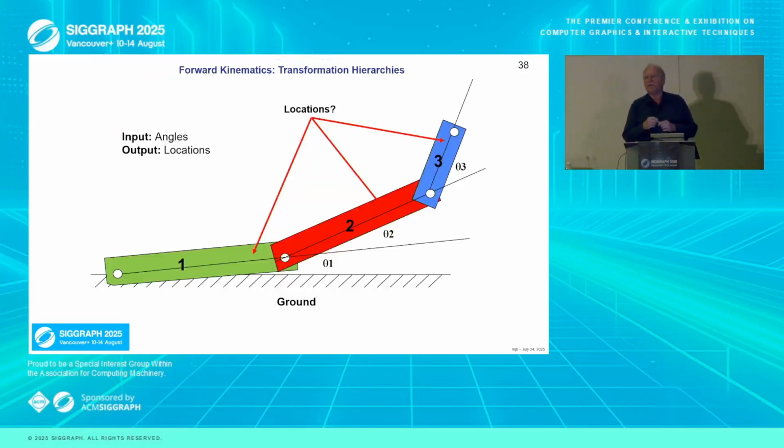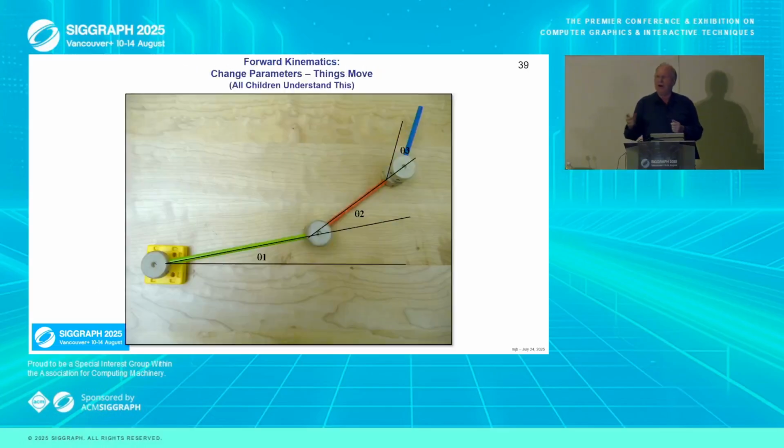There's also something in graphics animation called forward kinematics. And in forward kinematics, you have things that are linked together. Okay? The wrist is connected to the forearm, is connected to the upper arm, is connected to the shoulder. That's the perfect example. And all kids understand this. Okay? All kids get out their Tinker toys and they put them together like this so that they work that way.